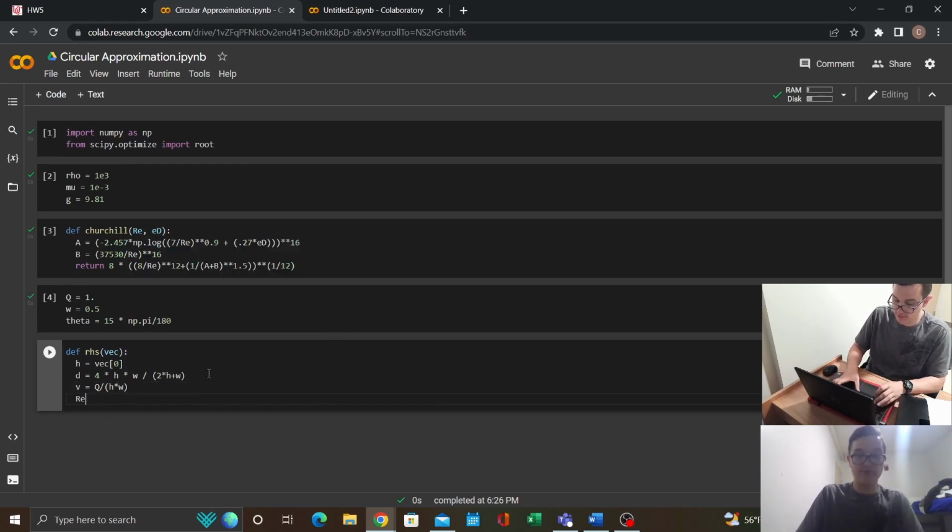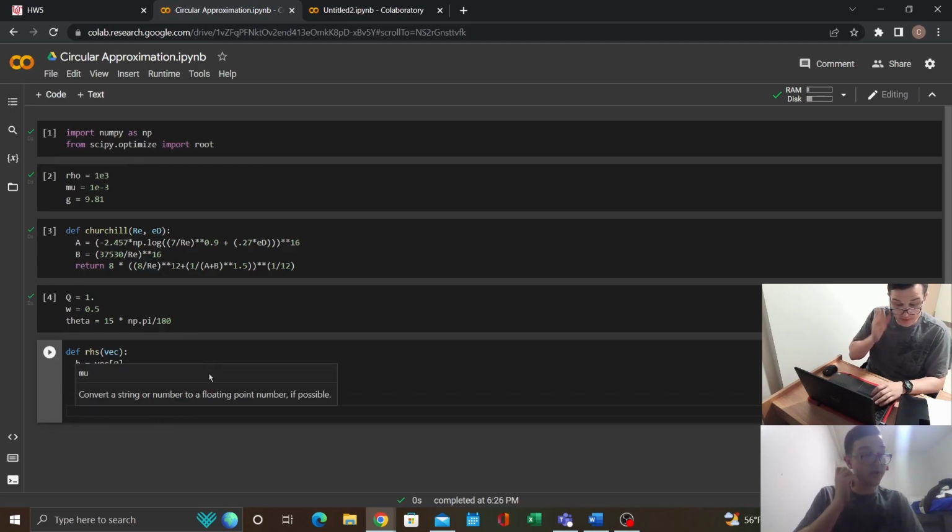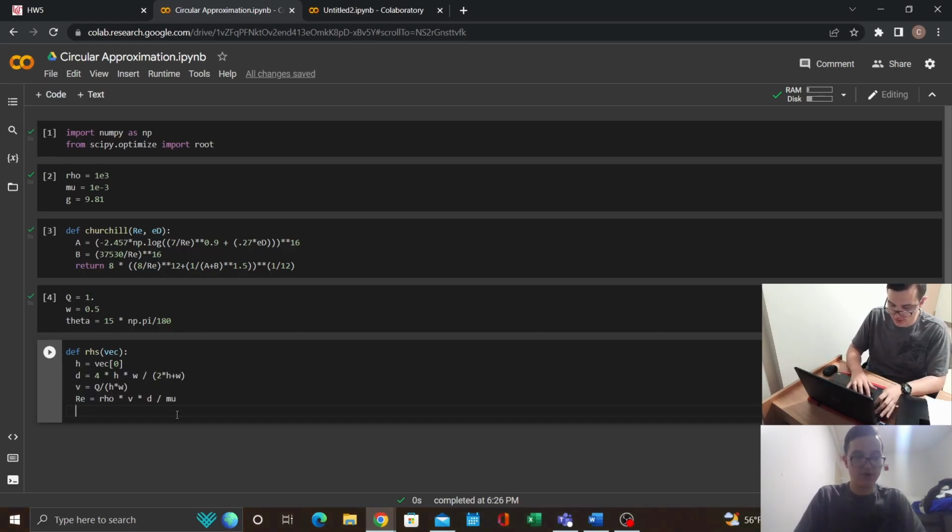With that, we can find the Reynolds number. So Reynolds number is equal to rho v d over mu. So rho times velocity times diameter divided by mu. With the Reynolds number, we can find the Churchill equation.